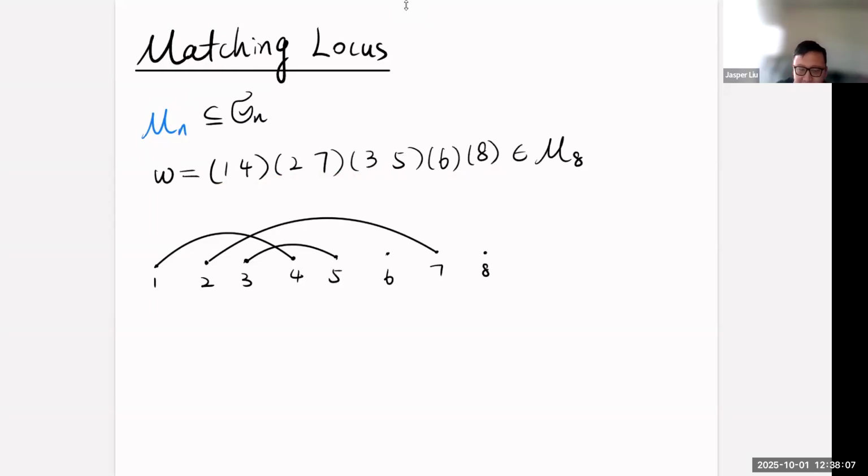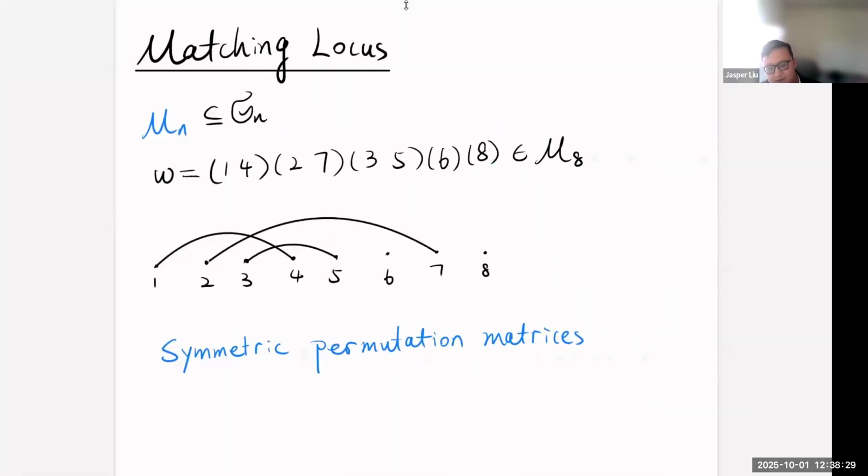And why I call it the matching locus is that a 2-cycle can be viewed as just a matching between 1 and 4. So that means it can also be viewed as the collection of matchings on n vertices. And if you view them as involutions in matrix form, they are symmetric permutation matrices.